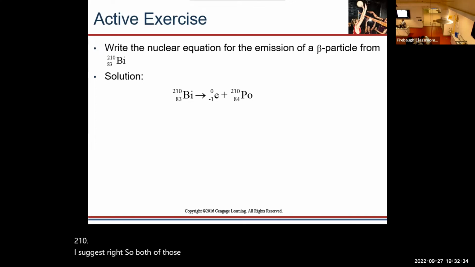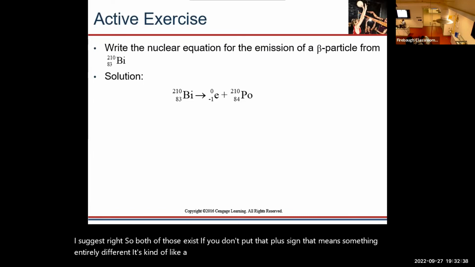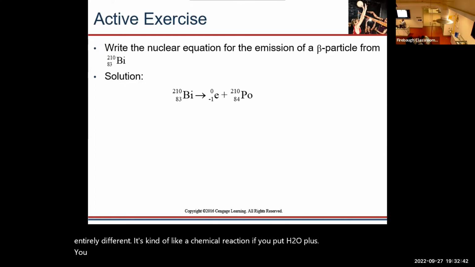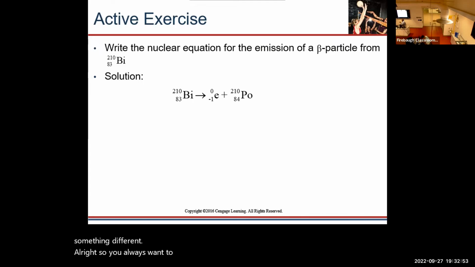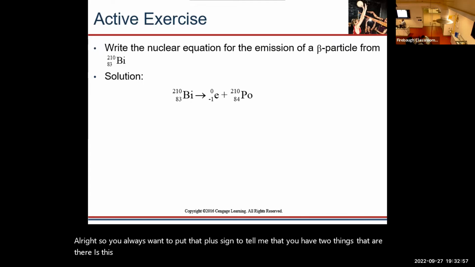If you don't put that plus sign, that means something entirely different. It's kind of like a chemical reaction. If you put H2O plus NaCl, we know that we have some water and salt. But if we put NaCl H2O together, that's something different. Right? So you always want to put that plus sign in between the things that are there. That plus means this and this.